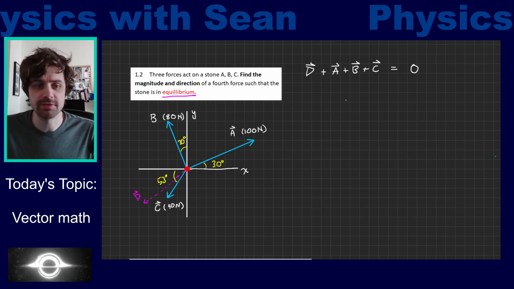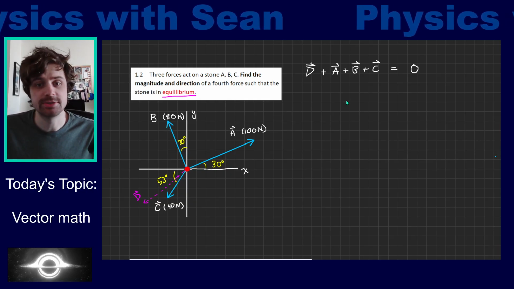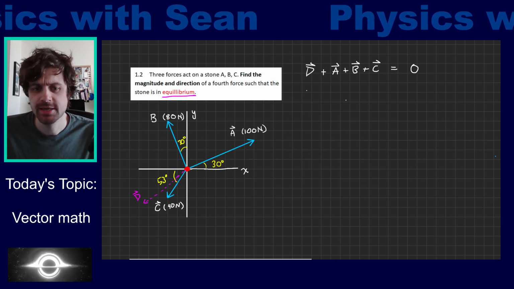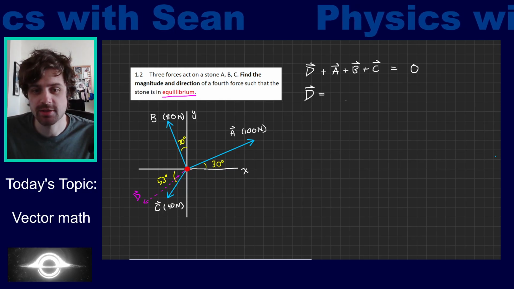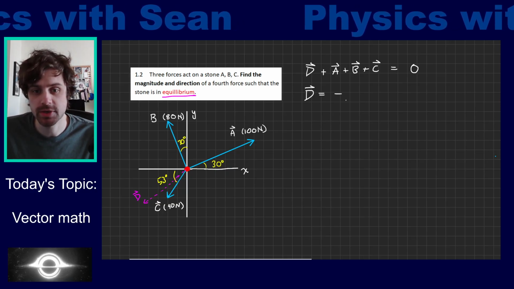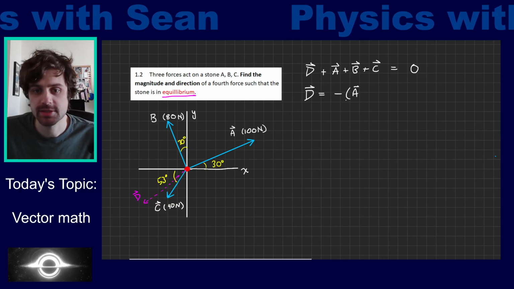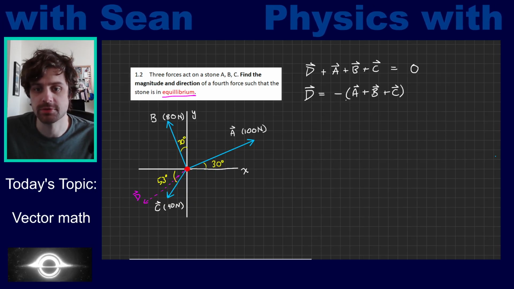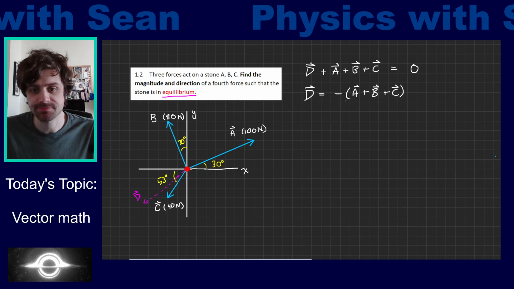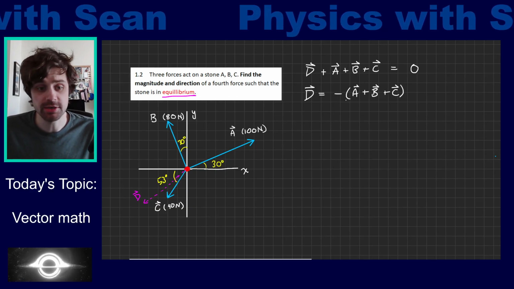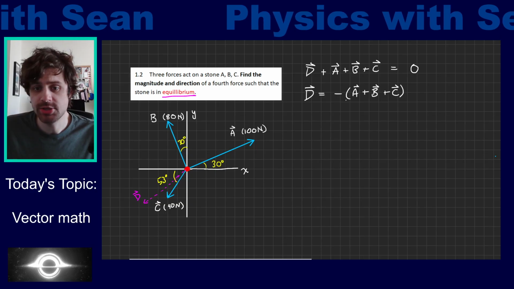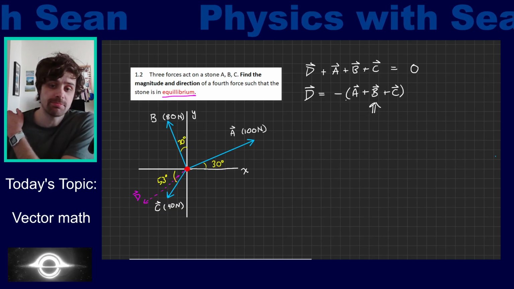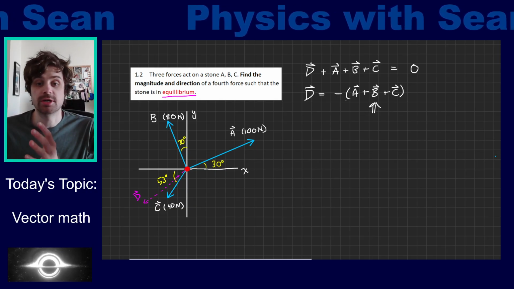The way that we want to solve this, remember, we're looking for the magnitude and direction of this fourth force, force D. I can start solving for that. I can say that the force D is just equal to, rearranging this equation, minus force A plus force B plus force C. To actually solve this, I just need to look at each of these forces A, B, and C and break them apart into what we call their components.